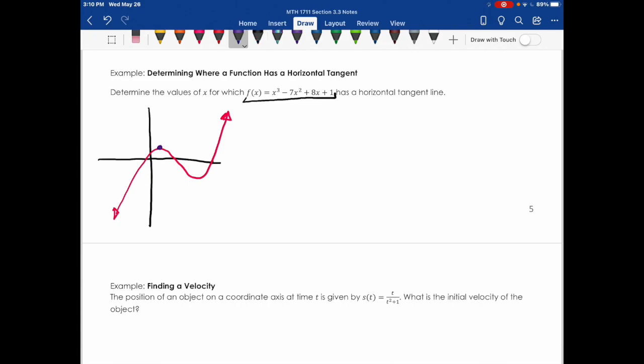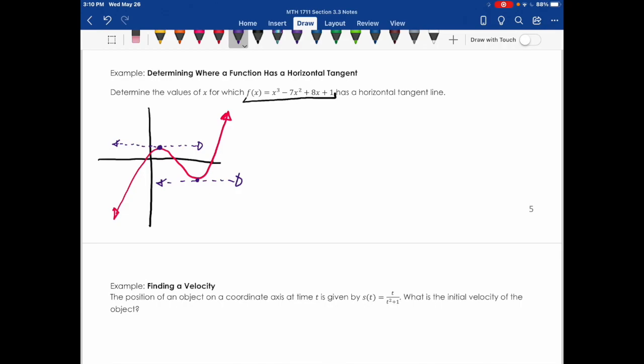The places where we're going to have horizontal tangent lines are here, because the tangent line would be horizontal here, and here's another place where we're going to have a horizontal tangent line. So you're basically going to have horizontal tangent lines at your local mins and maxes.